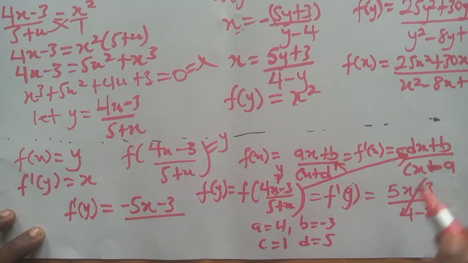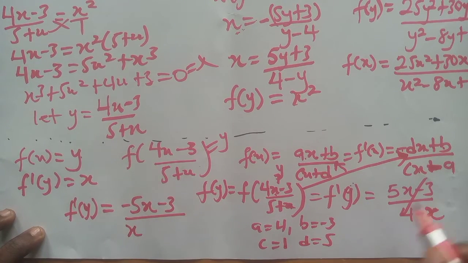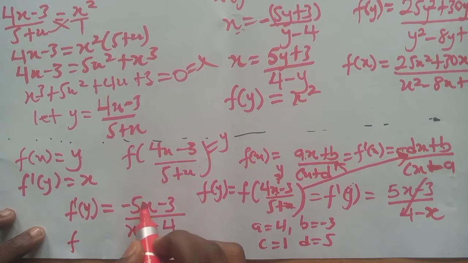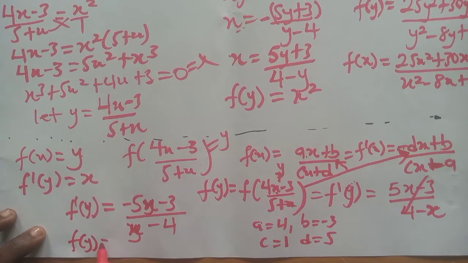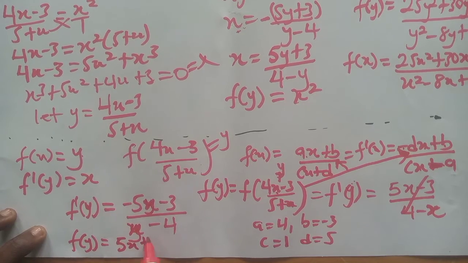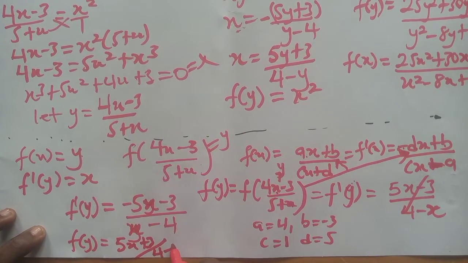C is 1, so we have just x, and then minus a, which is 4, so minus 4 here. In this case we are writing in terms of y, so our f of y here is equal to, multiplying through by negative, 5x plus 3 divided by 4 minus y. So let's write y in this case.